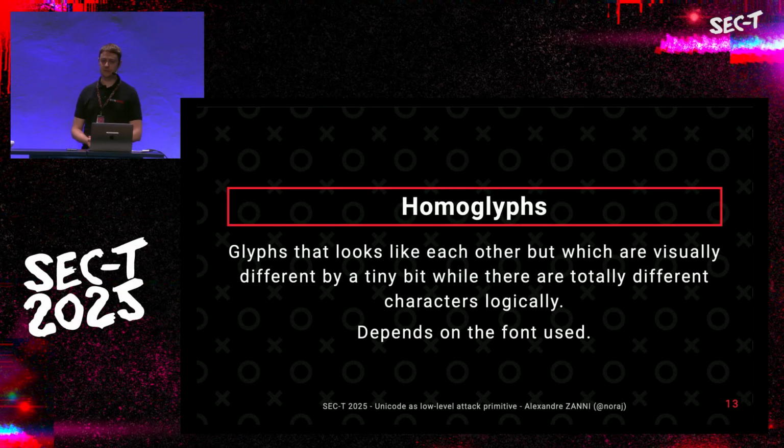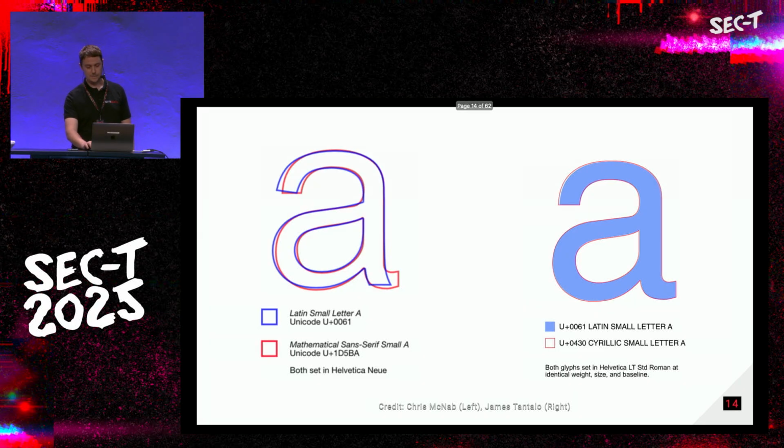To begin, the easiest attacks to understand are maybe the visual ones. We'll have issues with homoglyphs. What are homoglyphs? They are characters that look very like one another, but are indeed different. Of course, it will depend on the font you use.